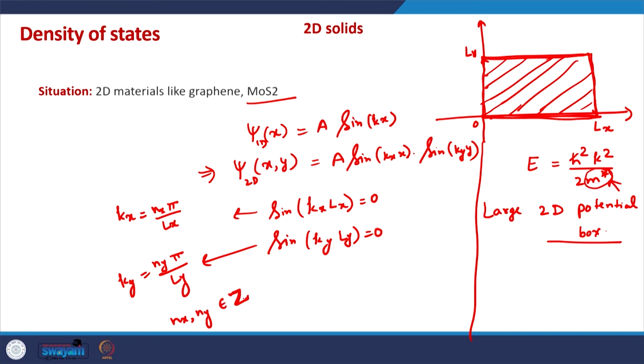where nx and ny are integers. We are trying to see what the density of states is for a 2D solid. So, we need to calculate the distinct allowed electronic states in the solid, and for that we will move to k space, because in k space the counting becomes easier.